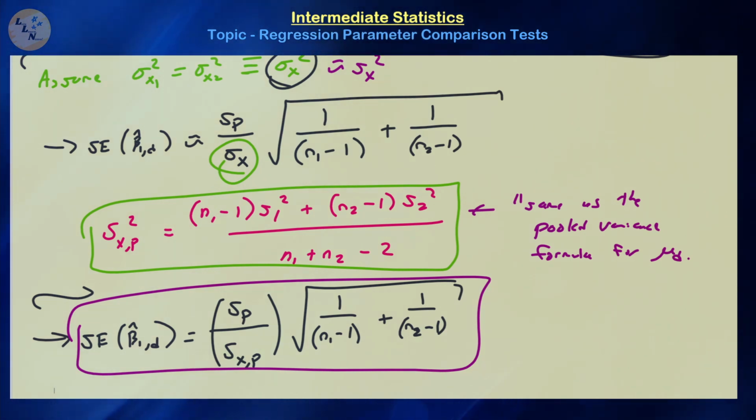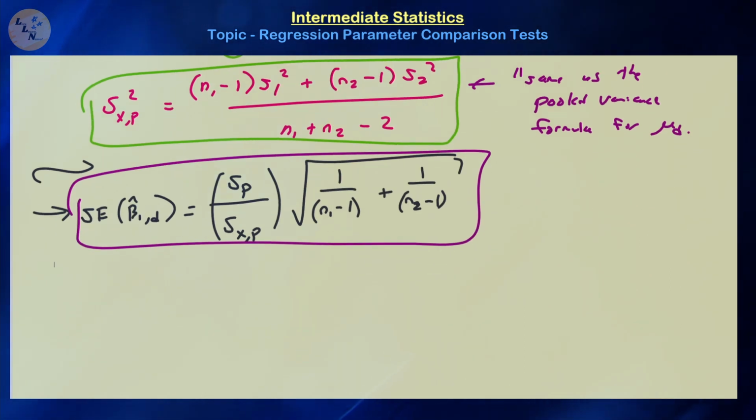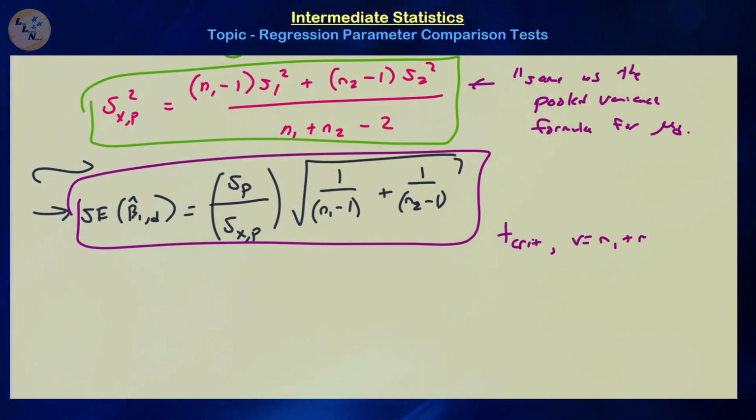So now what about the confidence interval? For the confidence interval, you need a critical value. So that's of course going to be a t critical value with the degrees of freedom equal to n1 plus n2 minus 4 because we're comparing two bivariate populations. And we're going to have a test statistic just in case you want to approach this from p-values.